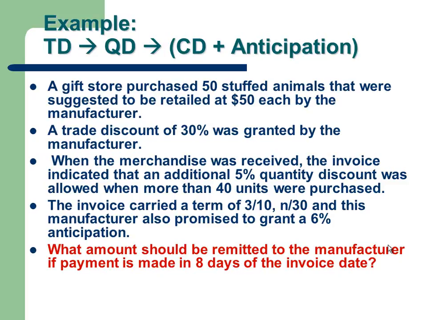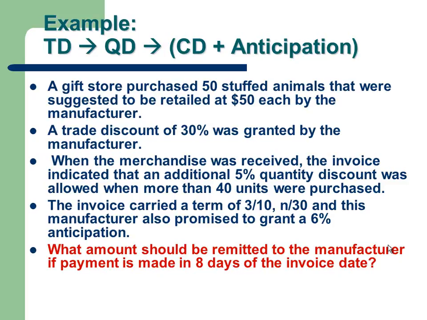Let's say a gift store purchased 50 stuffed animals that were suggested to be retailed at $50 each by the manufacturer. So the manufacturer or the vendor said, okay, this stuffed animal, little doll, can be sold for $50 in your store. And the gift store buyer purchased 50 of these stuffed animals.